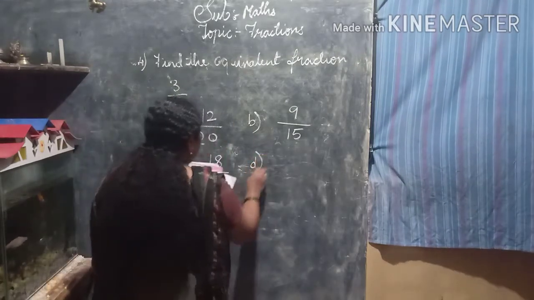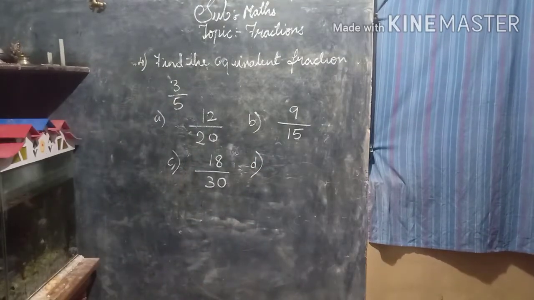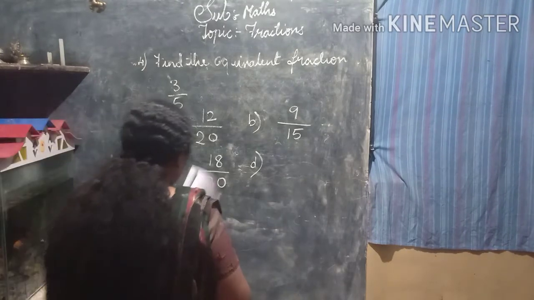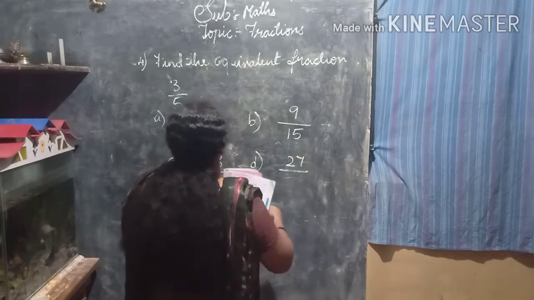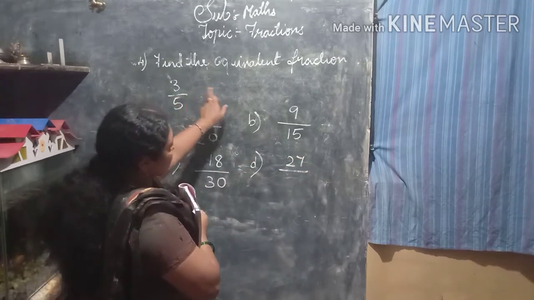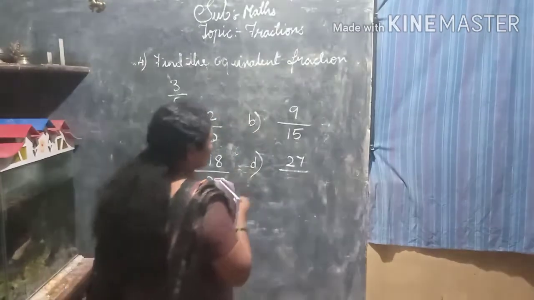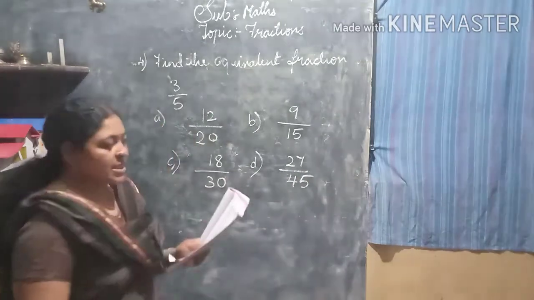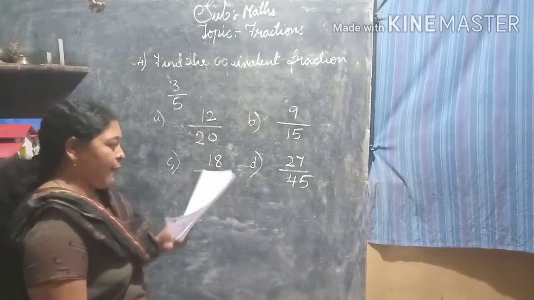Okay. D, if the numerator is 27, 3 nines are 27, isn't it? Therefore, 5 nines are 45. So, this is the answer for the fourth one, the equivalent of 3 by 5.